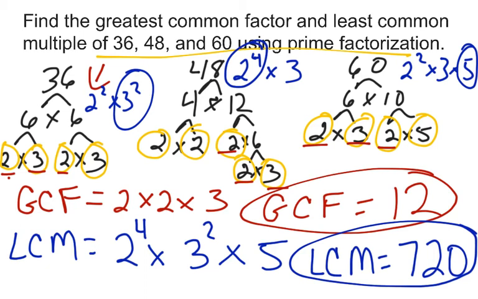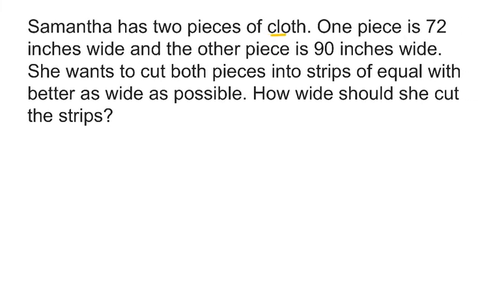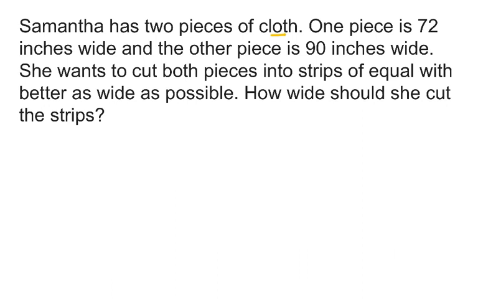So now we're going to look at some real life applications. So we'll look at this first word problem. Samantha has 2 pieces of cloth. I corrected my typo. One piece is 72 inches wide, and the other piece is 90 inches wide.